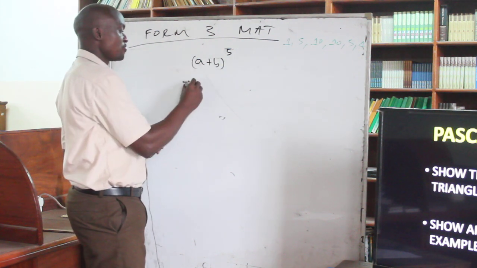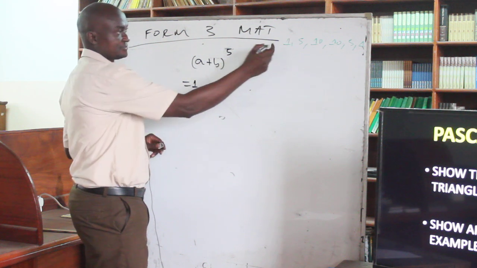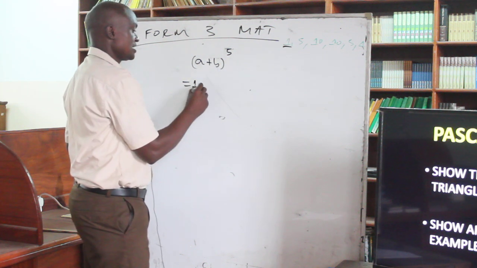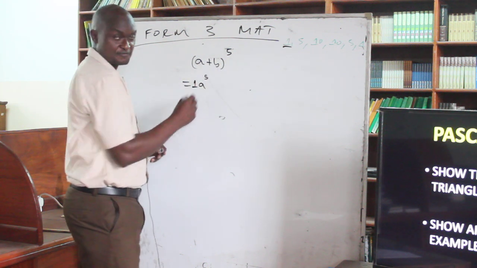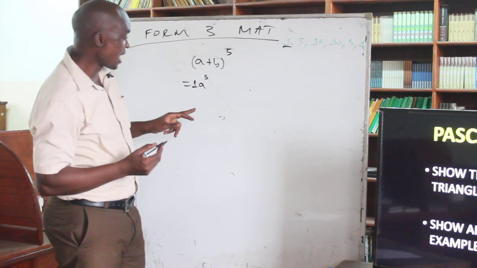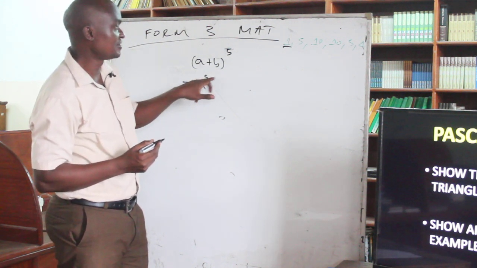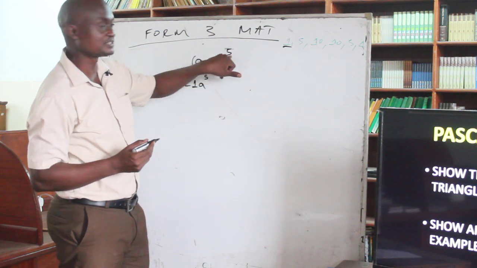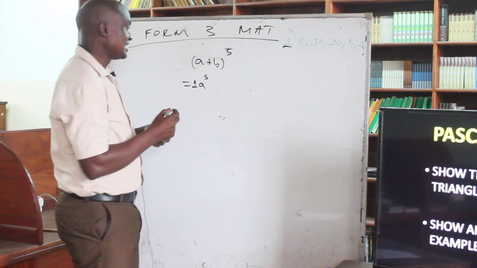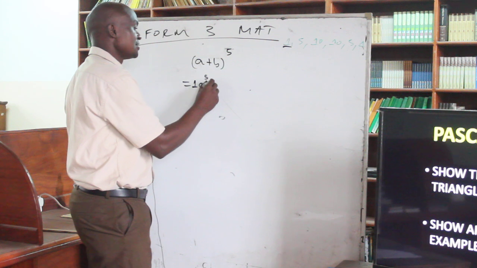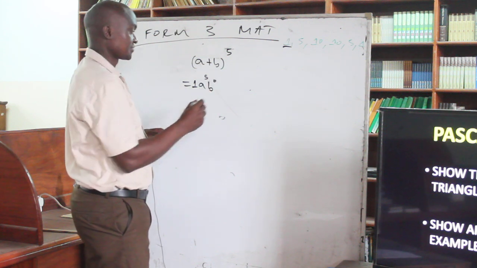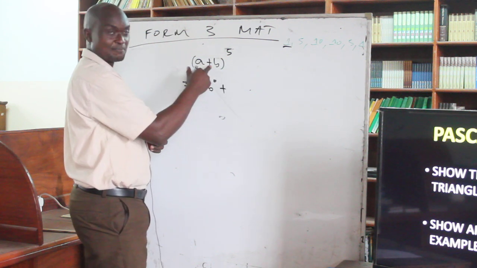This one should be 1, because of the first term, 1 a power 5, because we know that this one should be raised to the same power. And then the next one should be b power 0. Plus, because what you have here is a plus.